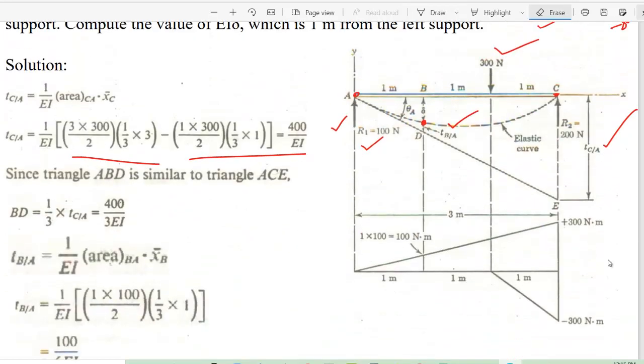So here you can write BD by 1 equals CE, or TC by A, same, divided by 3. Now you know the value of TC by A. What is that? 400 by EI.